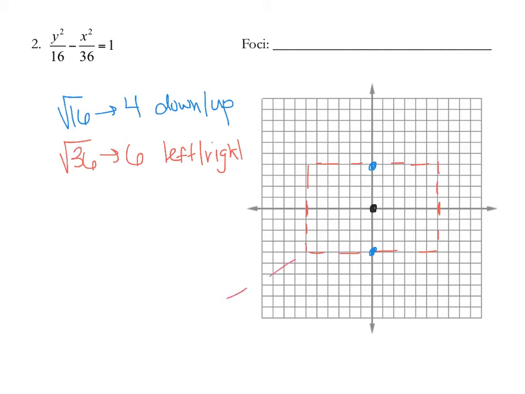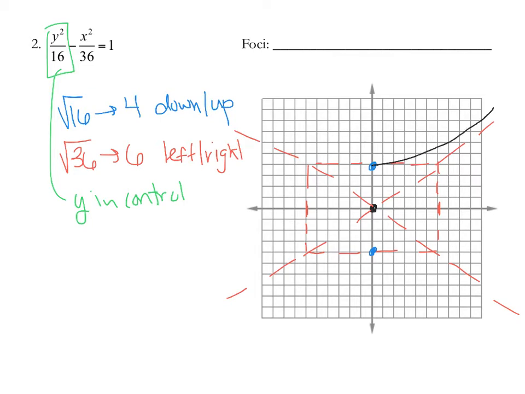And then I'm going to go ahead and draw in the whole point of the box, so you can draw in these asymptotes, so you know where we're being confined to when we draw the hyperbola. So try and draw nice straight lines through the corners is what you're aiming for. And then if I pay attention to what's in control, the first fraction tells me that y is in control, which means I know my hyperbola is supposed to face up and down, which makes sense because look where I put the vertices.